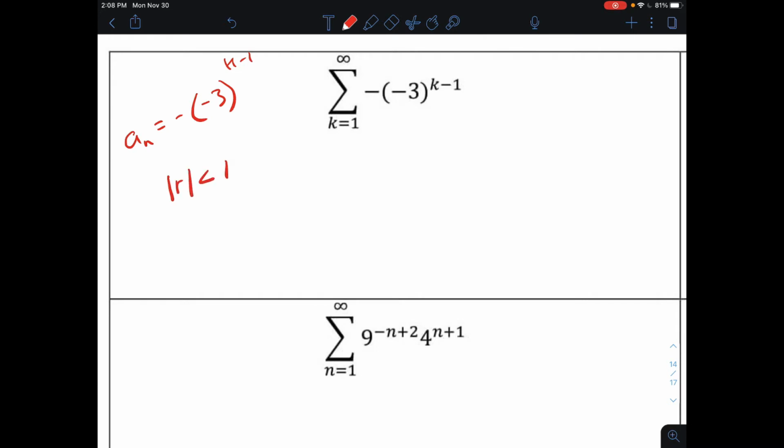Well, r in this case is equal to -3. The absolute value of -3 is greater than 1, which means that the series will diverge according to the geometric series test.